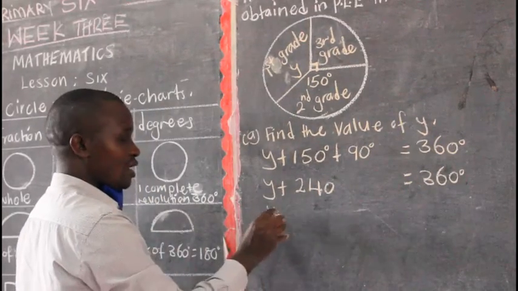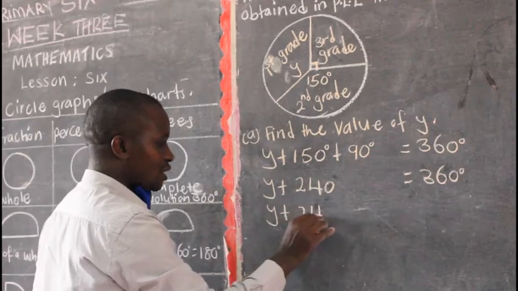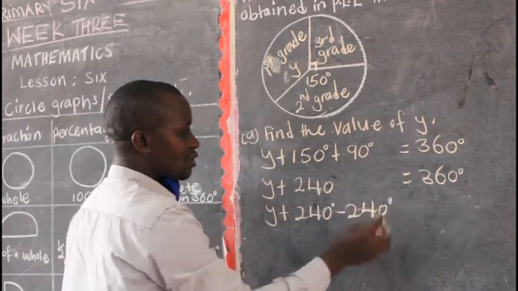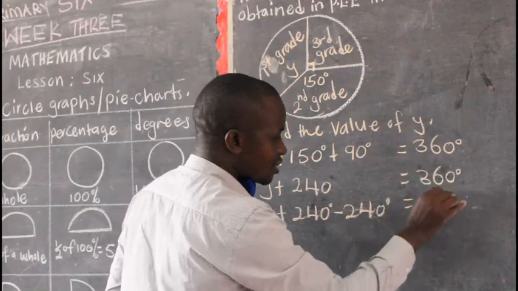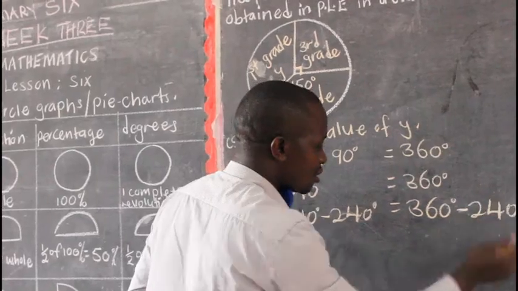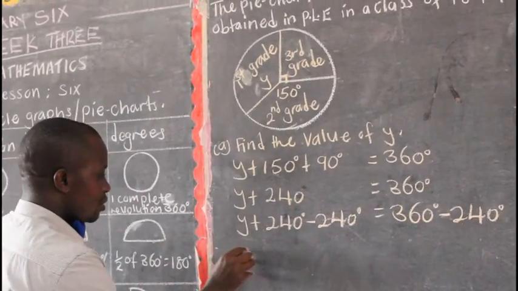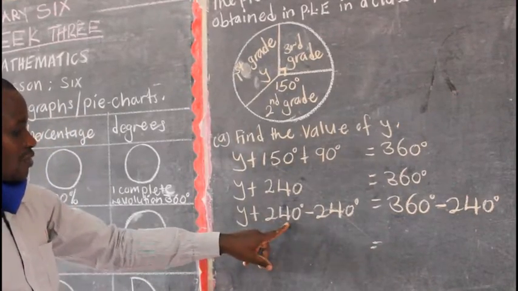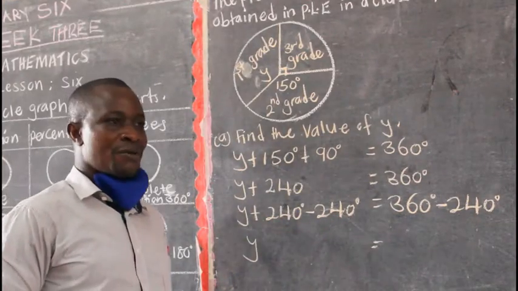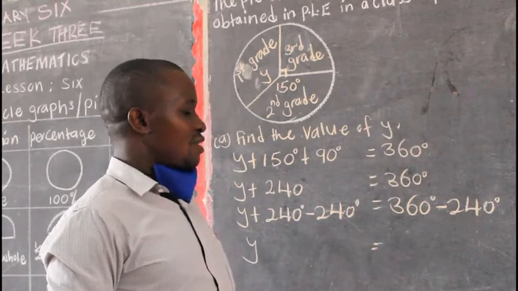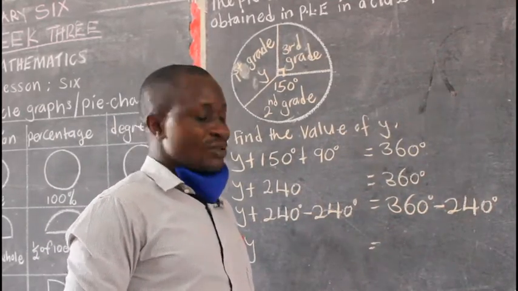So it is now y plus 240 degrees minus 240 degrees is equal to 360 degrees minus 240 degrees. So y is equal to, here, 240 minus 240 gives 0. Then what about 360 minus 240?